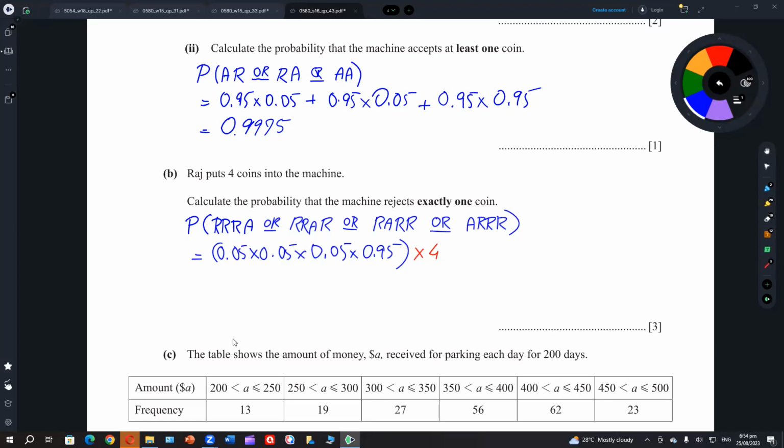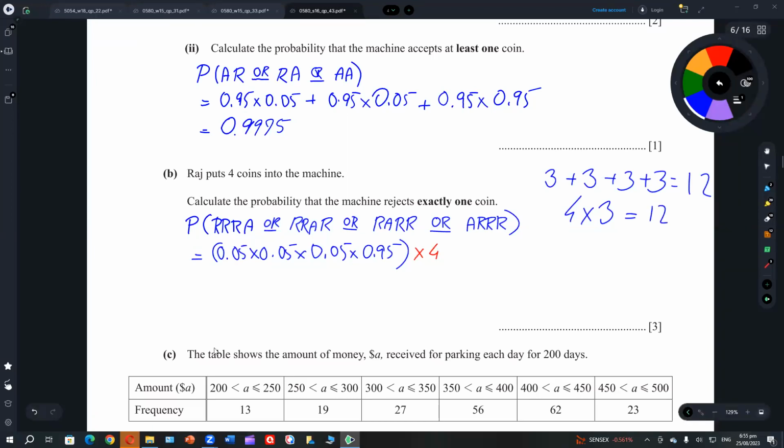Wait, sir, how could you multiply with 4? If one combination is being repeated 4 times and you're adding it, for example, if I asked you to add 3 four times, what answer do you get? 3 plus 3 plus 3 plus 3. I would get 12. If, instead of adding, I do 4 into 3, what will I get? The same answer.